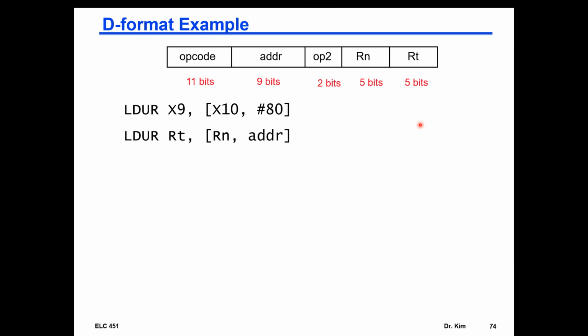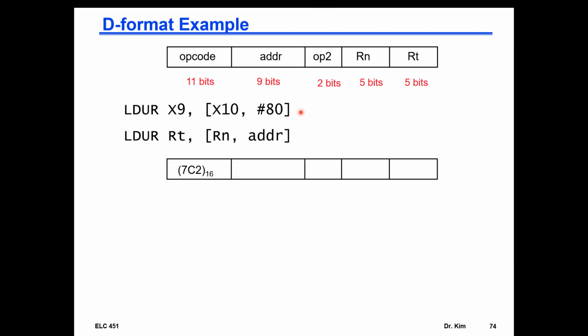All right, so we're loading register 9 with the contents of the memory location given by the contents of register 10 plus 80. This would be the opcode for LDUR.